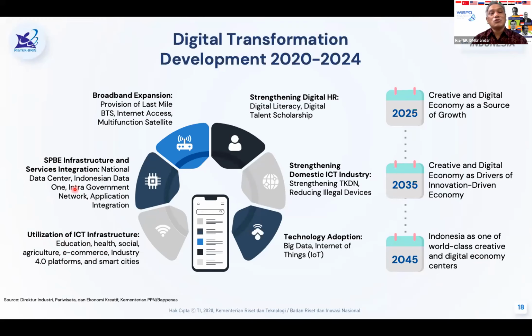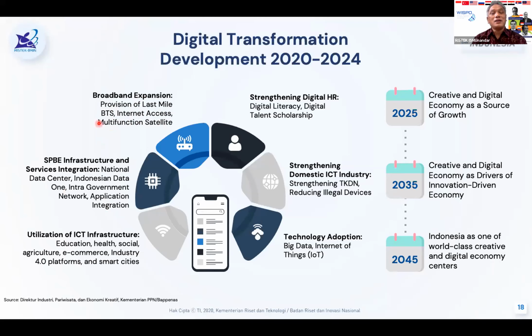This will be done through the National Data Center, Indonesia Data One, or One Data of Indonesia, inter-governance network, and also application integrations. And then we also will do this through broadband expansions.